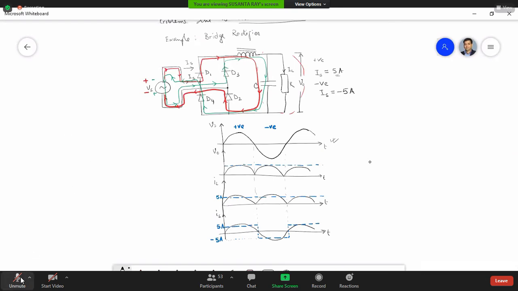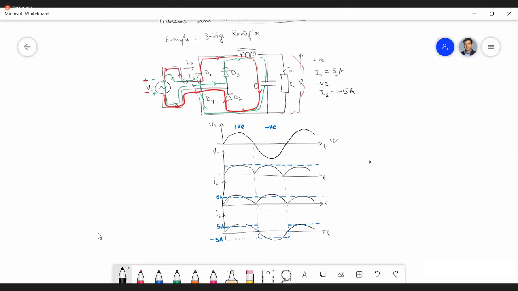Yes, sir, we will get a sinusoid. So in the positive half cycle we will get the similar waveform, and in the negative half cycle it will be just opposite, with a 180 degree phase difference. So we will get the sinusoidal waveform only.